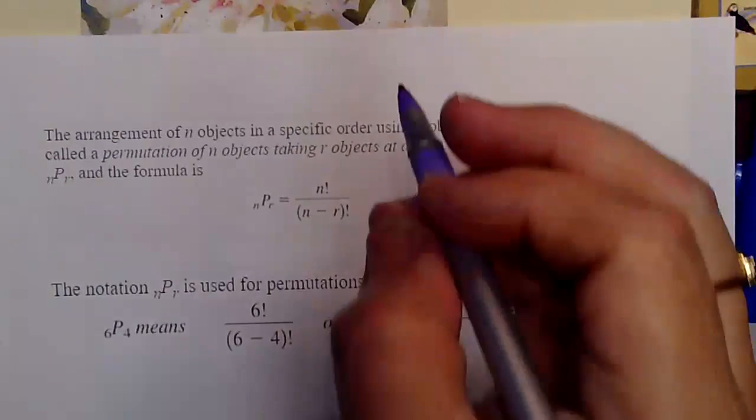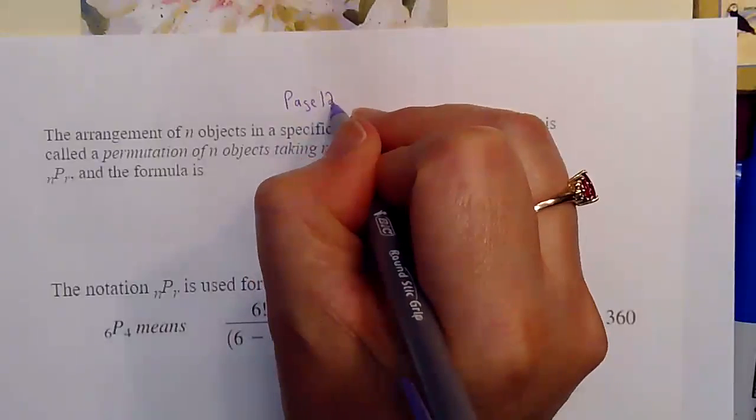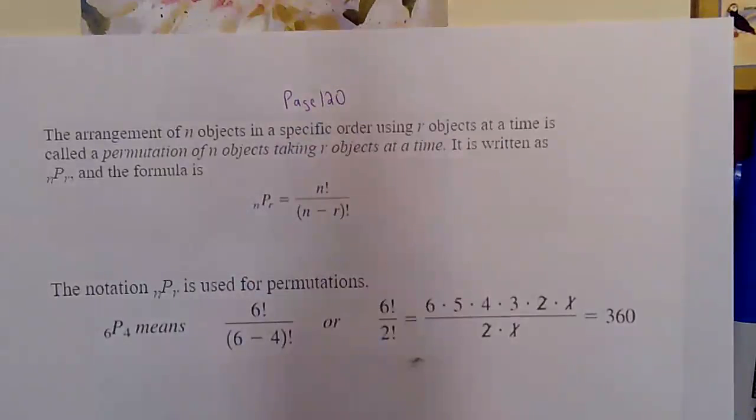Okay, so this is page 120 in your workbook. It says that the arrangement of n objects in a specific order using r objects at a time is called the permutation of n objects taking r objects at a time. It is written as nPr, and then they have the formula.